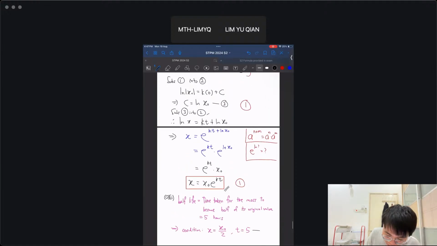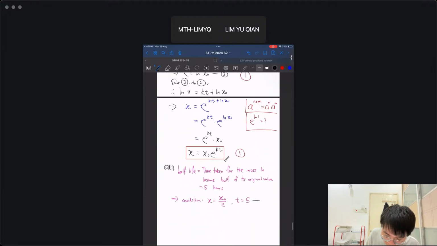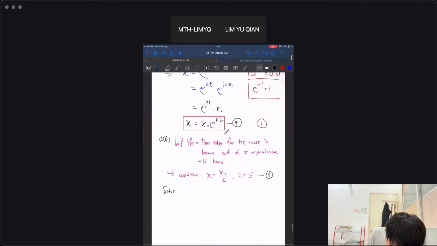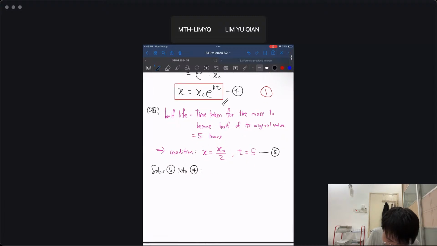So let's substitute this condition. Go back into our equation 4, and this is our equation 5. So substitute equation 5 into equation 4. Here we'll have x naught over 2 equal to x naught e^(5k).